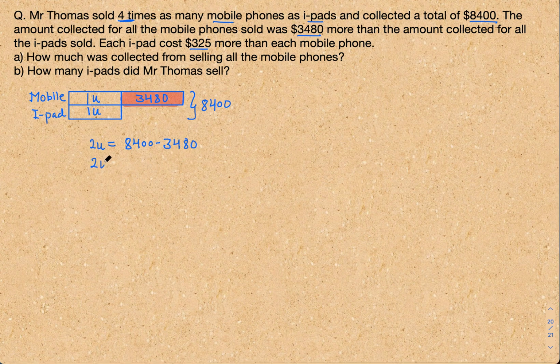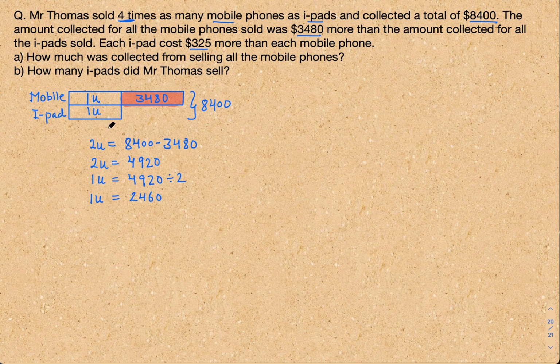So our 2 units is actually equal to $4,920, right? So how much will be 1 unit? 1 unit will be 4920 divided by 2, and that will give me 2460, right? So that means the amount that we have collected by selling iPads is 2460.